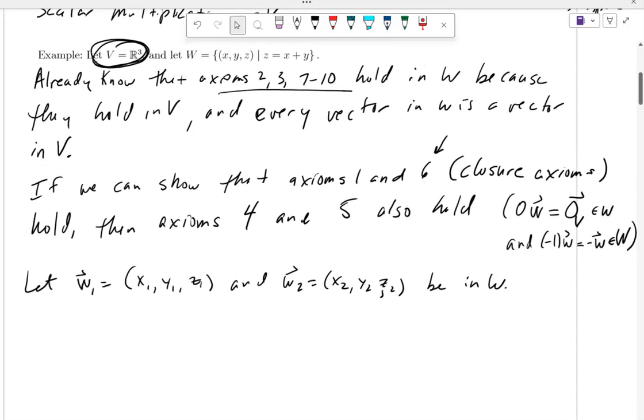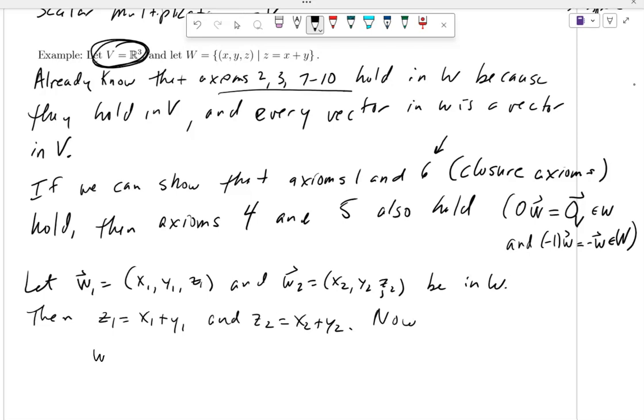I've got it back up there at the top of the screen. How do we know that something is in W? Yeah, if I take the third component, it's the sum of the first two, right? So I know that Z1 is X1 plus Y1, and Z2 is X2 plus Y2.